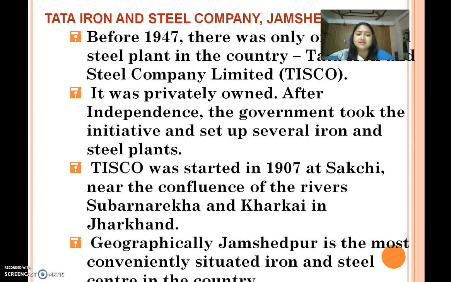Sakchi is a place near the confluence of the rivers Subarnarekha and Kharkai in Jharkhand. Geographically, if you want to see the location where an iron and steel industry can be most appropriately set up, it is actually Jamshedpur. Geographically, Jamshedpur is the most suitable site for iron and steel plants in the country.